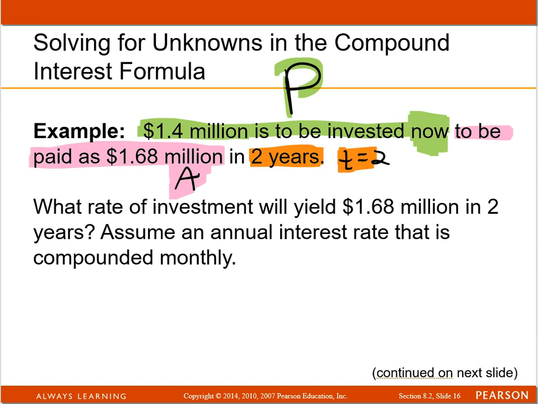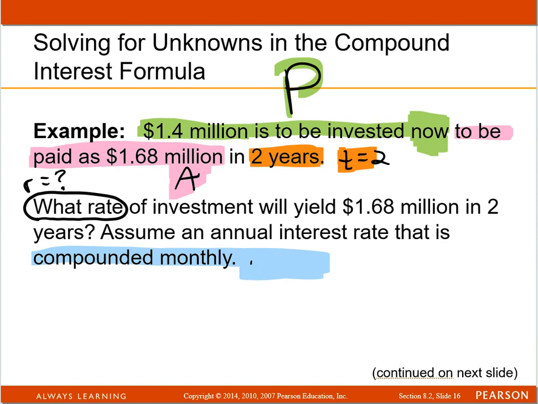And then it goes on to say, what rate of investment will yield the 1.68 million in 2 years? Okay, what rate? We are trying to figure out what R is. And then it says to assume an annual interest rate that is compounded monthly.